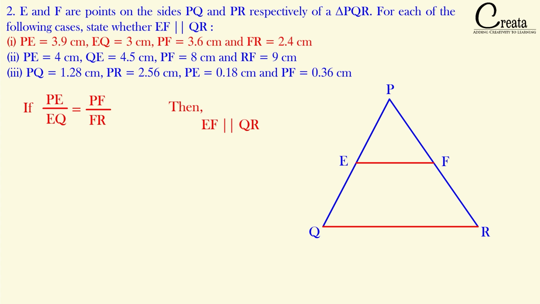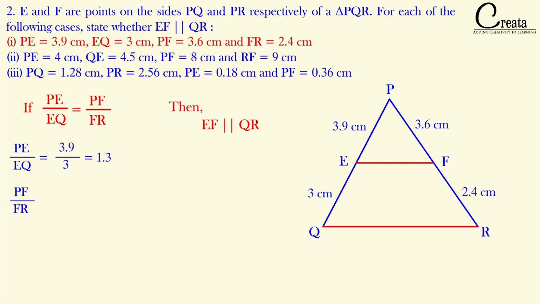So in the first part, let's calculate this ratio. Here we know PE as 3.9, EQ as 3, PF as 3.6 and FR as 2.4. So firstly, let's find PE upon EQ. That will be 3.9 upon 3, which will be 1.3 upon 1, basically 1.3.